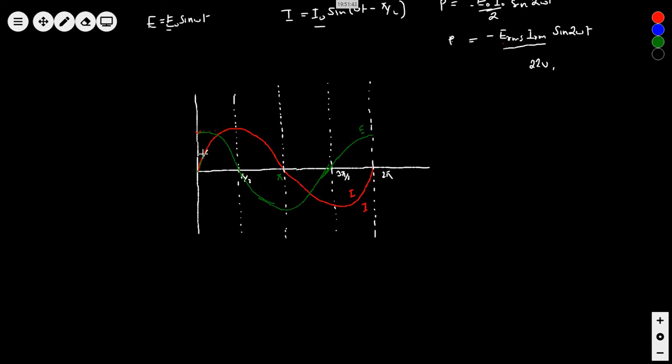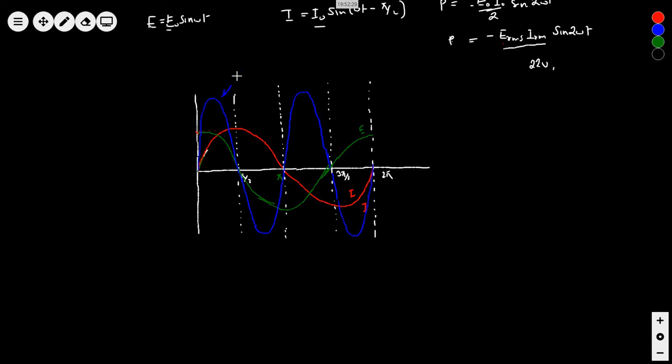That means here should be greater amplitude, then again, this is the second amplitude, one more cycle from here.